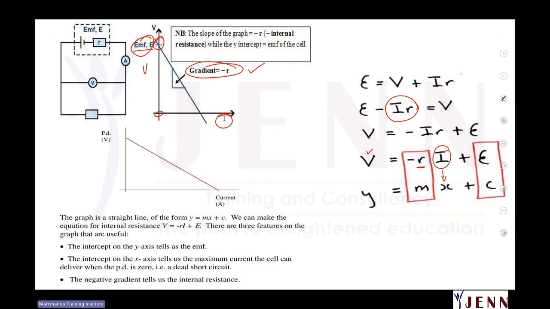Gradient is internal resistance. Y-intercept is EMF. We must get those two things. Please remember them. Those are the two things that we must remember.